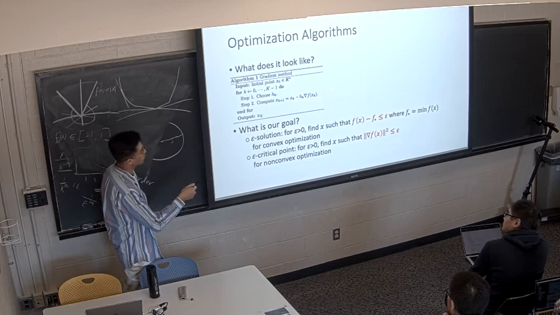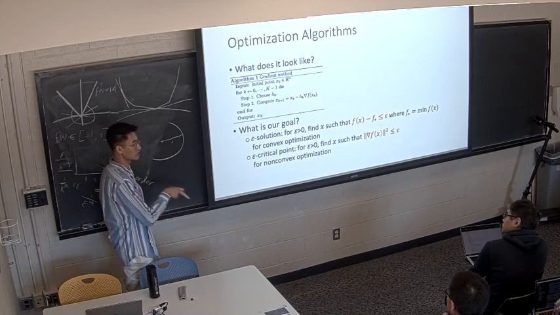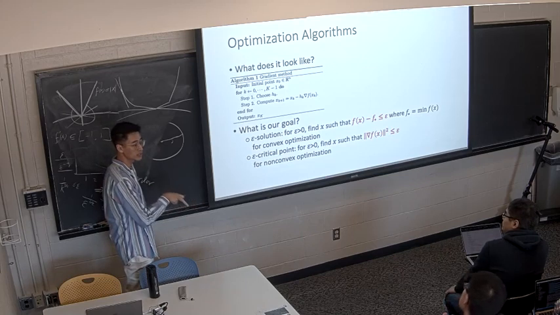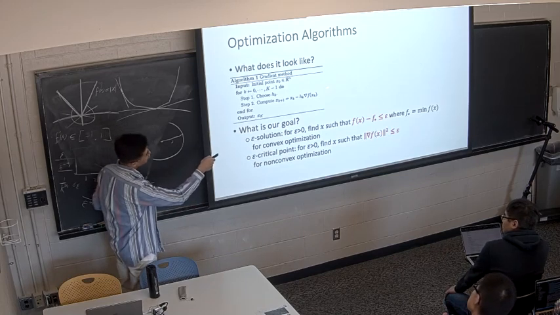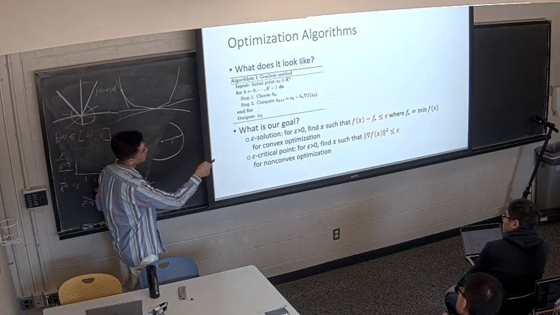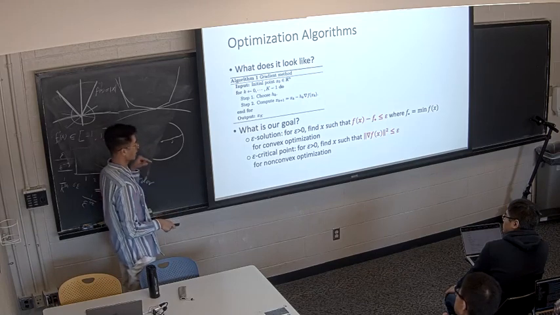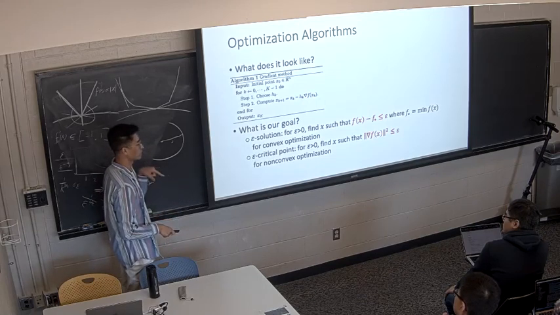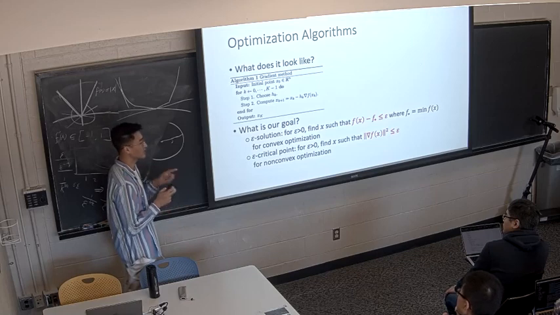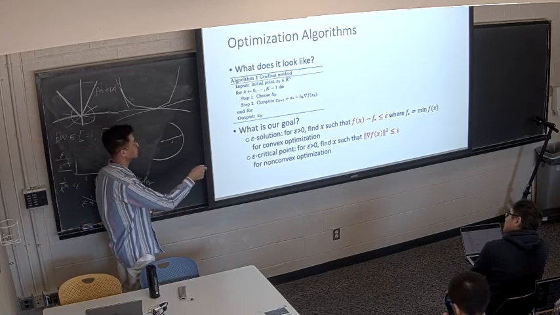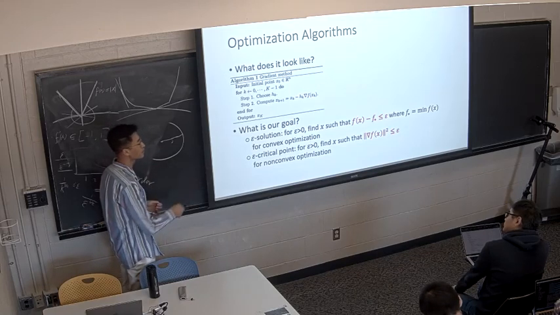You want to go along the negative gradient direction, which is the steepest descent direction. Along this direction, minus the gradient of f at x, I can decrease my function value in the fastest fashion. That's why it's called steepest descent.